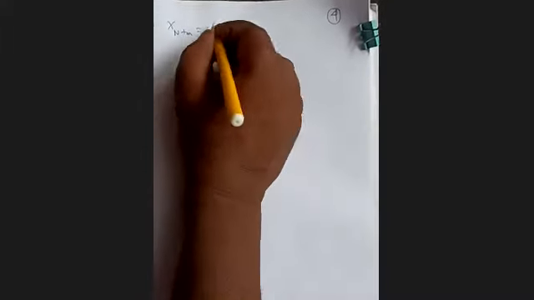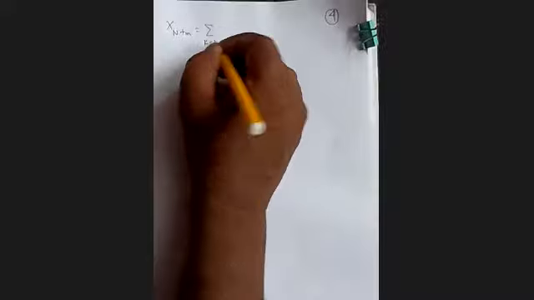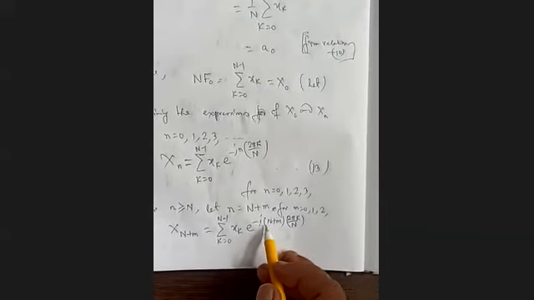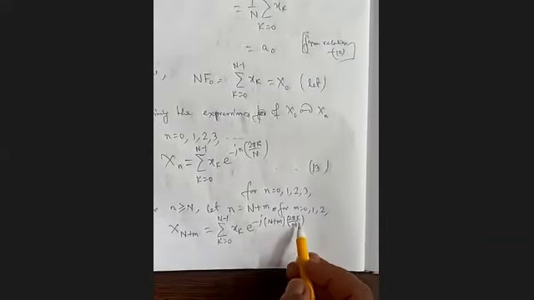Then it will be x[n+m] equal to summation k equal to 0 to N minus 1, X_k e^(-j...). Now see here, it is now N plus m into that.